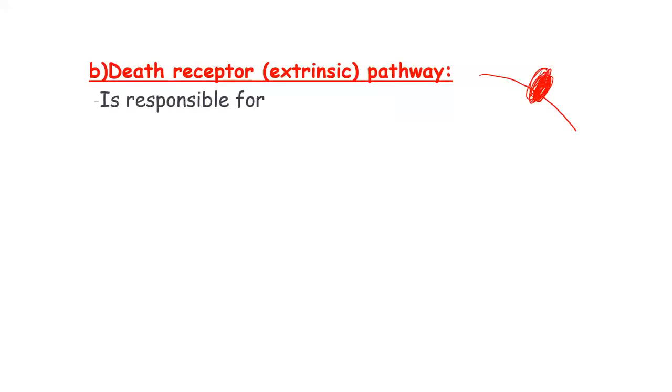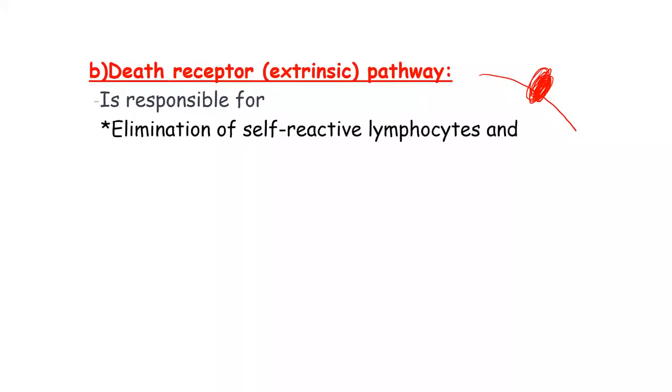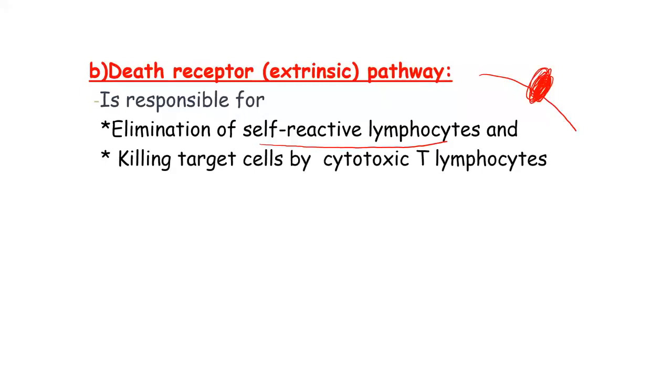This pathway is responsible for elimination of self-reactive lymphocytes. Any self-reactive lymphocyte will be eliminated by this pathway, as well as killing of target cells by the cytotoxic T lymphocytes.